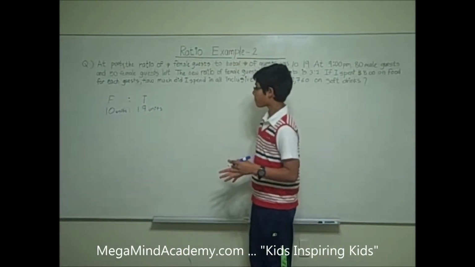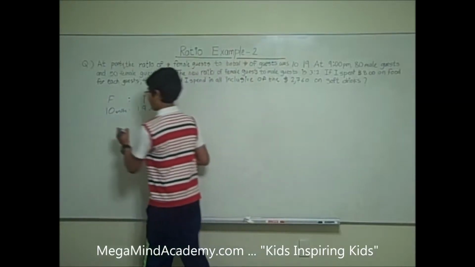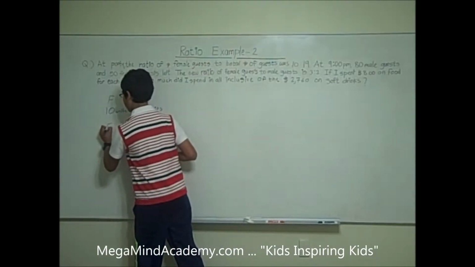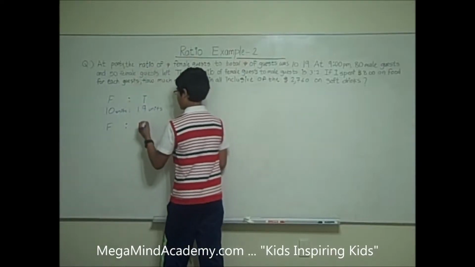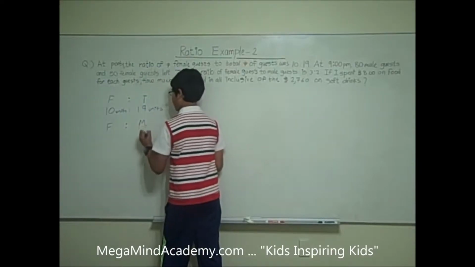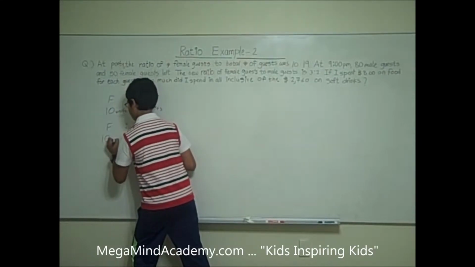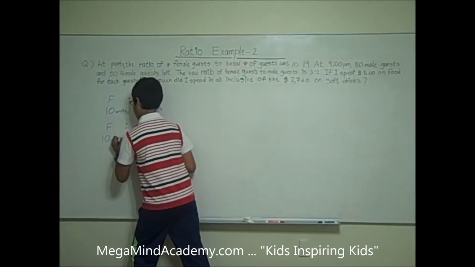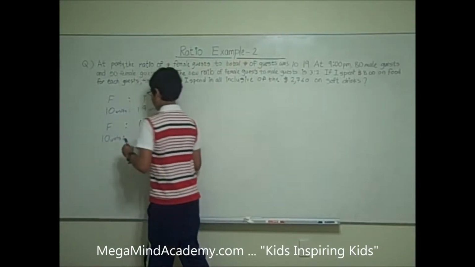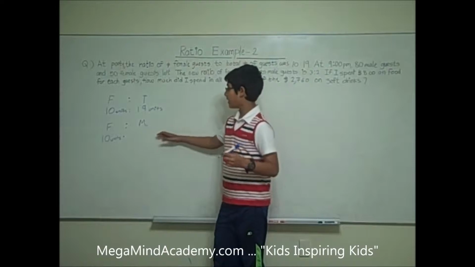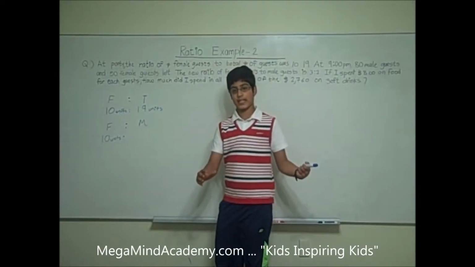Now, this makes it so that the number of female guests to male guests is 10 units to the number of male guests, which is the total number of guests minus the number of female guests.